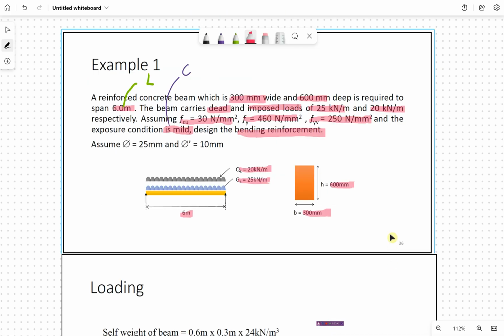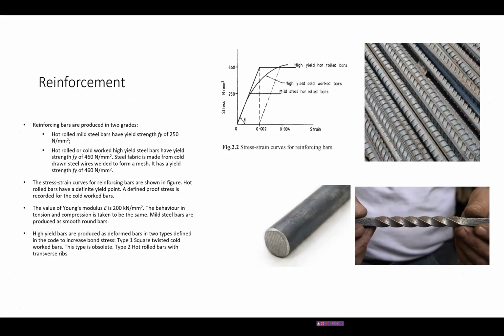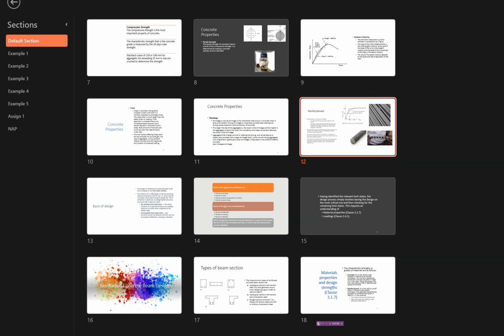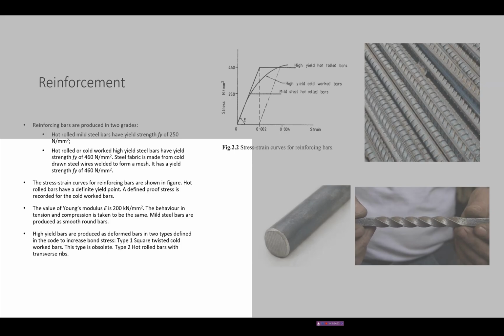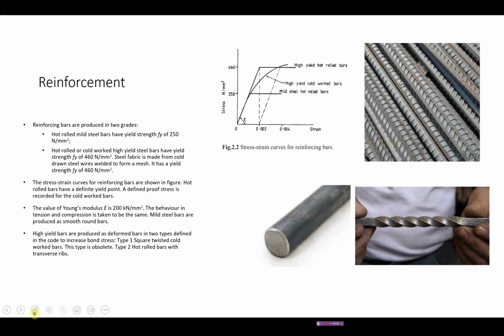Then there is Fy460, meaning this is a high tensile steel ataupun high yield steel, which we can refer to our notes also. This one referring to the high tensile steel yang ada bunga or like corrugated surface.